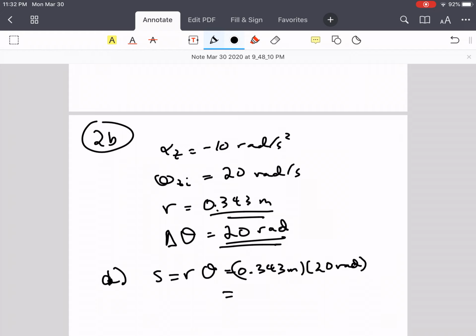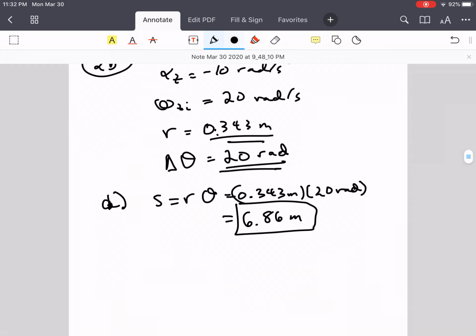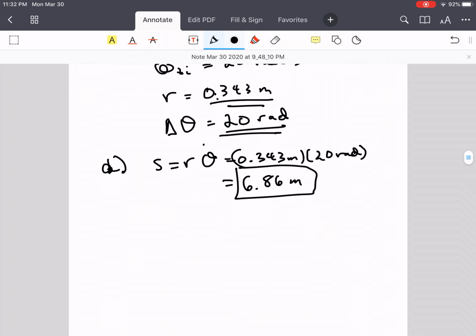And I find that when I slam on my brakes, it takes a total of 6.86 meters to stop. Notice that this was very easy because my theta was in radians. Radians don't have any units, so I don't have to worry about them. If I'd had them in degrees, I'd have a problem. So you want to be really careful about that.